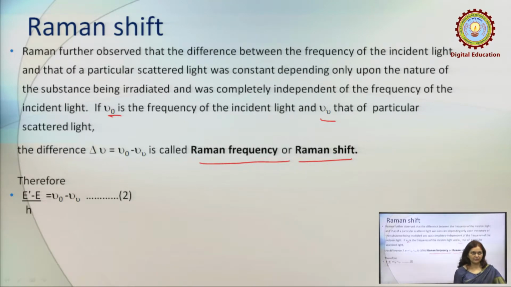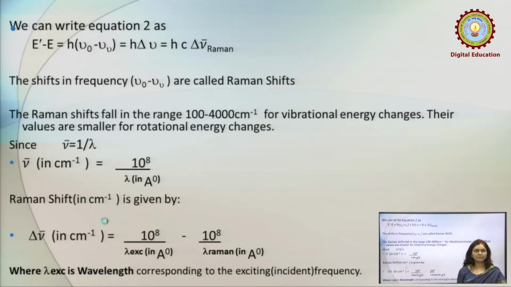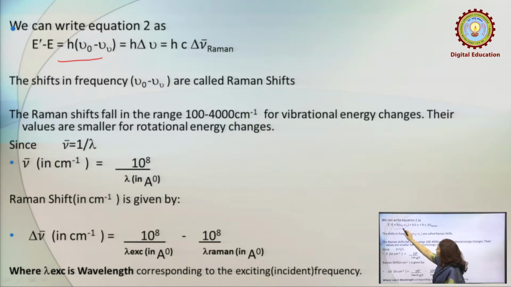The difference in the frequency of incident light and the frequency of scattered light is called the Raman frequency or Raman shift. Therefore, from equation 1 we can write equation 2 like this: E dash minus E is equal to h nu, or incident frequency minus scattered frequency.